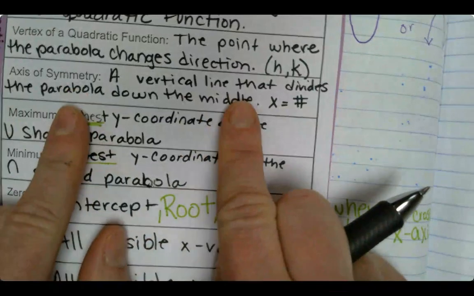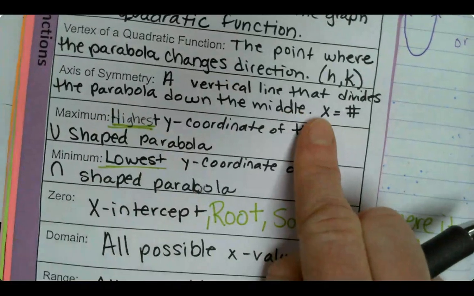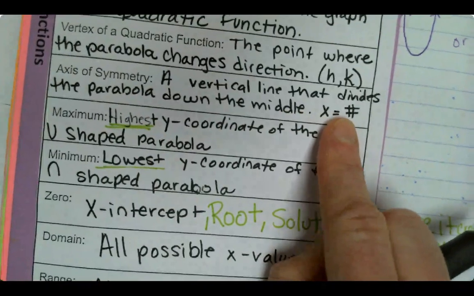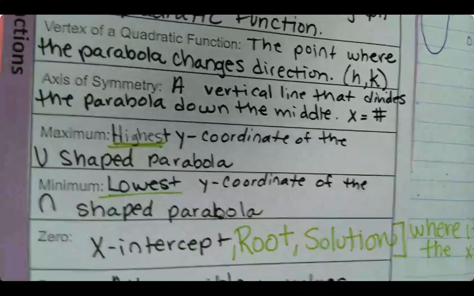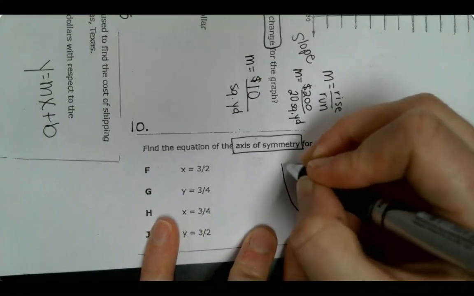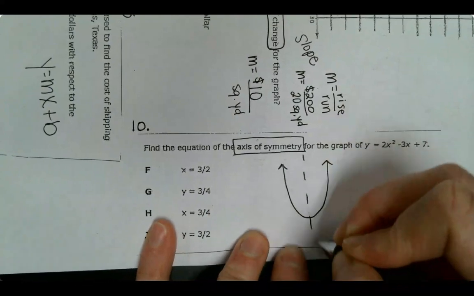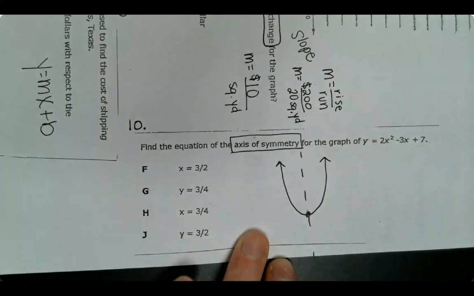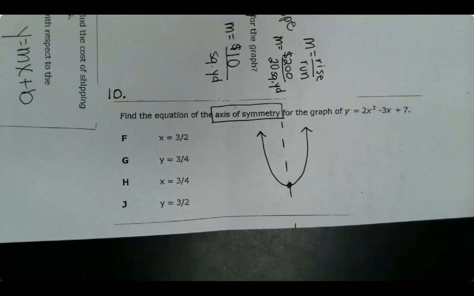Vertical line that divides the parabola down the middle. X equals a number. So it's a vertical line. So draw a little parabola.